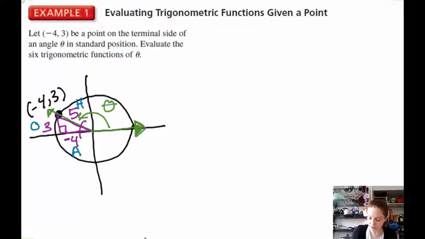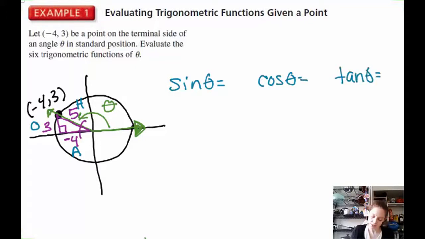And now I can write out my 6 trigonometric functions. Sine of theta, cosine of theta, tangent of theta. And then the reciprocal functions, we have cosecant of theta, secant of theta, cotangent of theta.